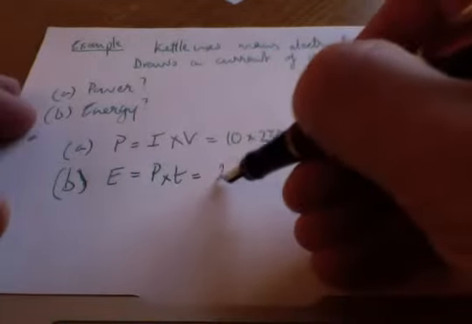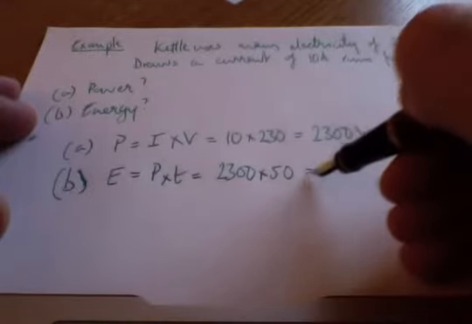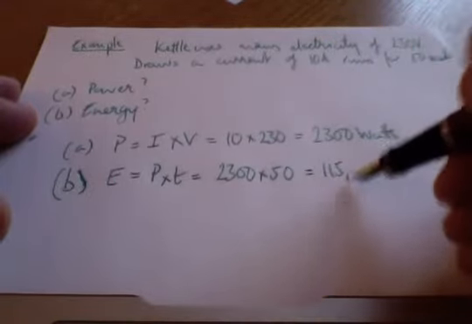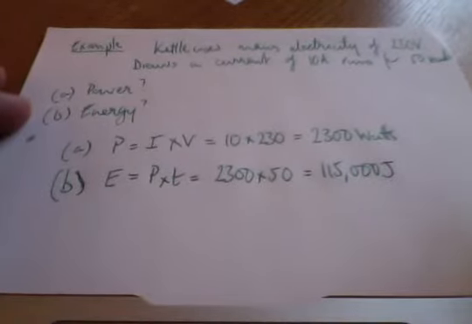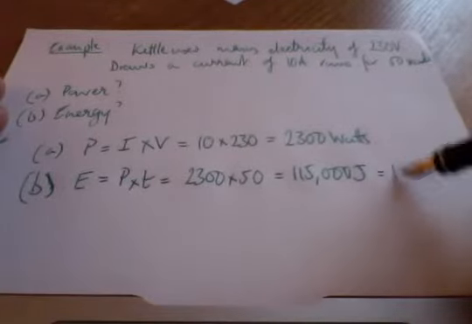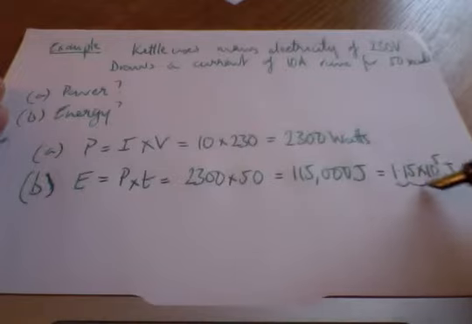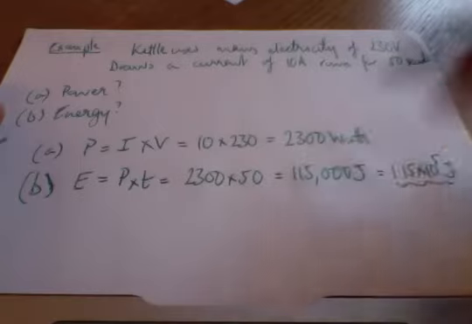So we have the power of 2,300 by 50, giving us 115,000 joules, which is quite significant. You might prefer to write, when the numbers get that big, to write it in standard form, 1.15 times 10 to the 5 joules, which is neater, cleaner.